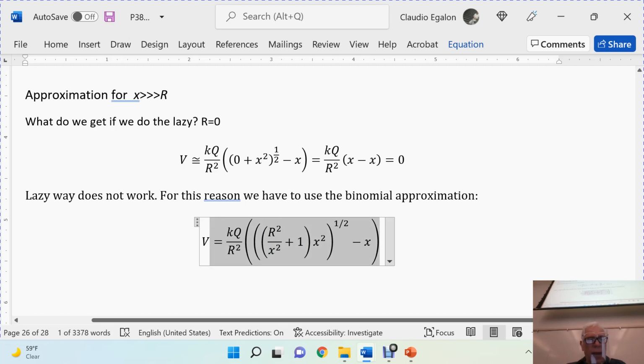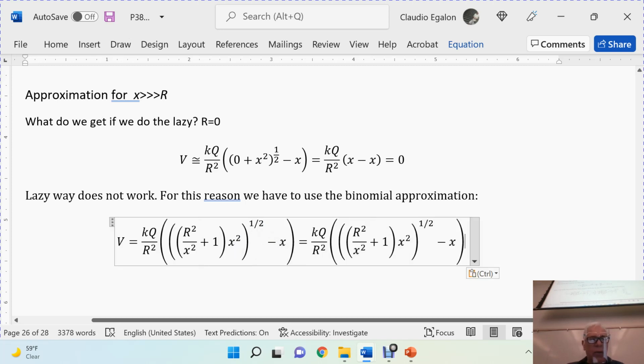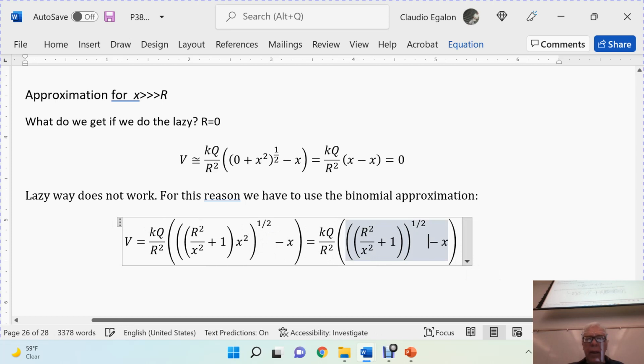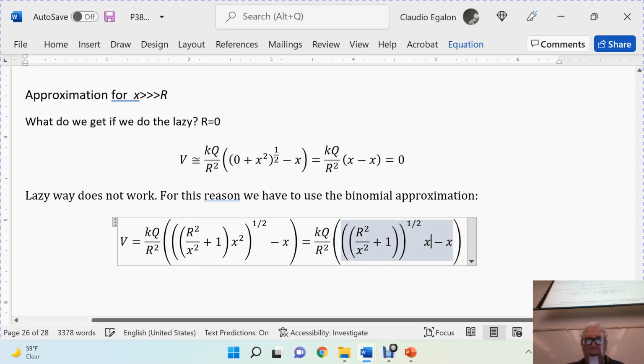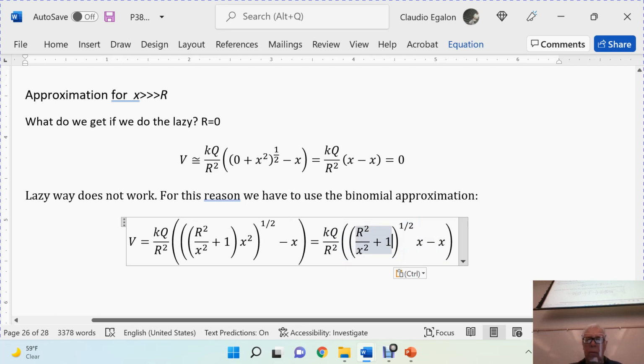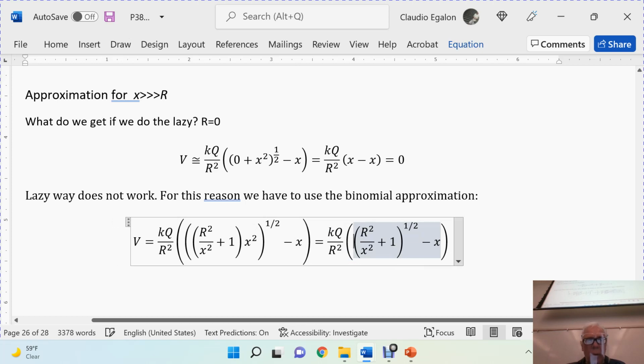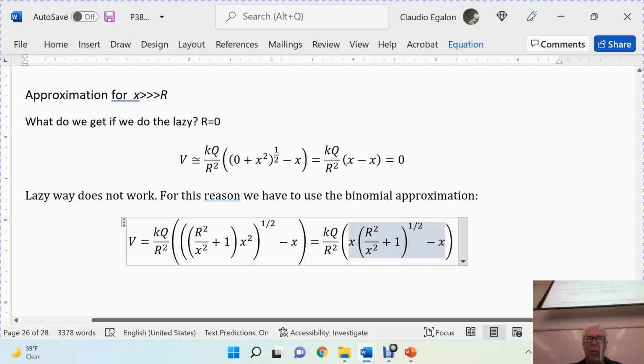Then let's go to the next step. This is still an equality. I didn't make any approximation yet. I'm going to take this x from inside and put it outside, so it's clear for you all.